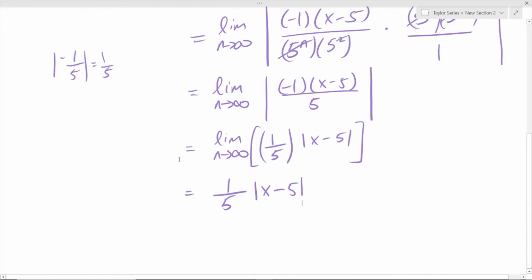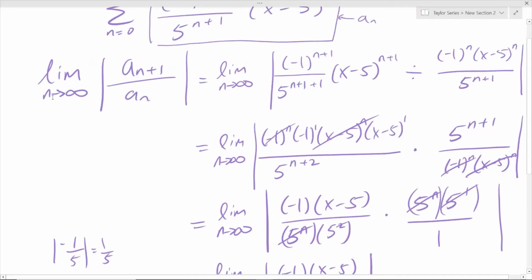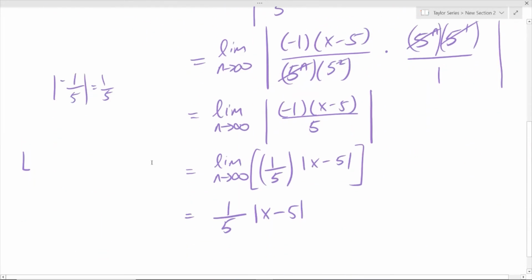Now, how can we ensure that it's convergent? Well, we know from the ratio test that if the limit of this, when we evaluate it, is less than 1, then that means it will be convergent.